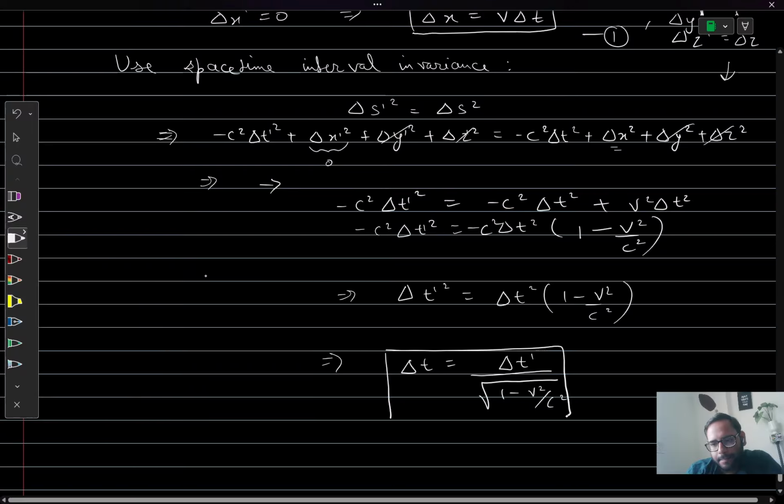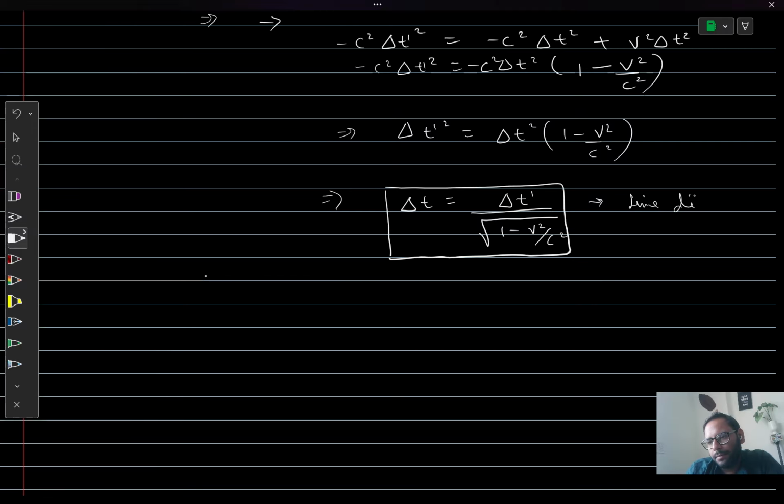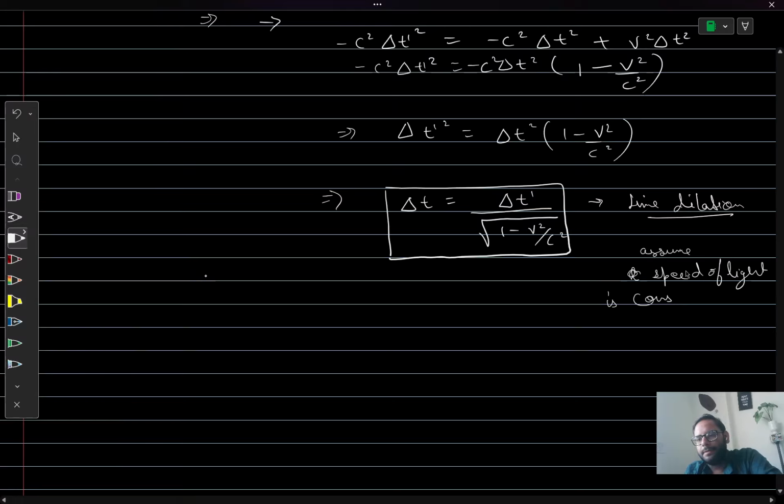This is the expression for time dilation. What did we assume? We assumed only two things. Let me write it separately.